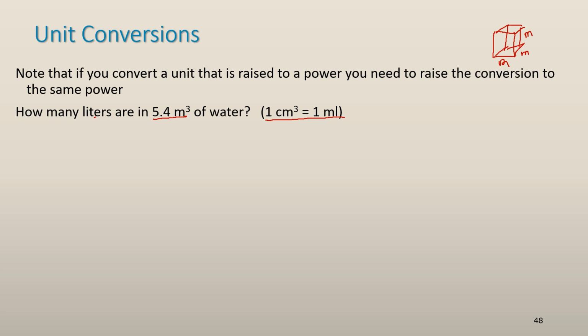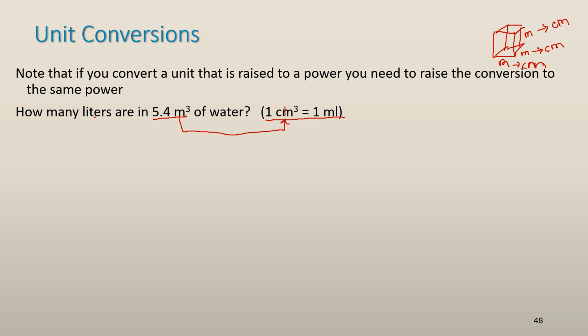There are other conversions too, so you could do it other ways, but this is probably the easiest to use. But here's the thing, it's centimeters cubed, so once I find centimeters cubed, I can find milliliters, and then I can convert to liters, but I need to somehow convert meters cubed to centimeters cubed. Since I have three lengths in meters, I have to convert each of them to centimeters, so be really careful about that.